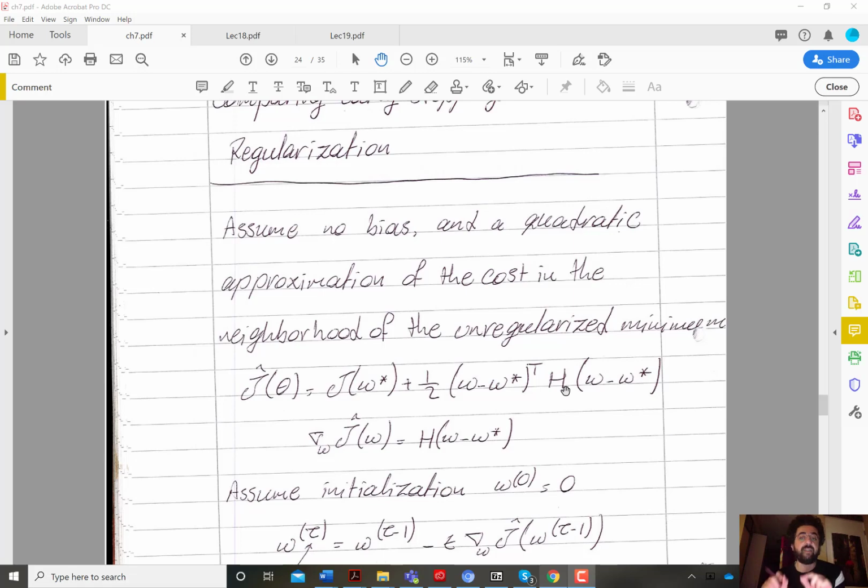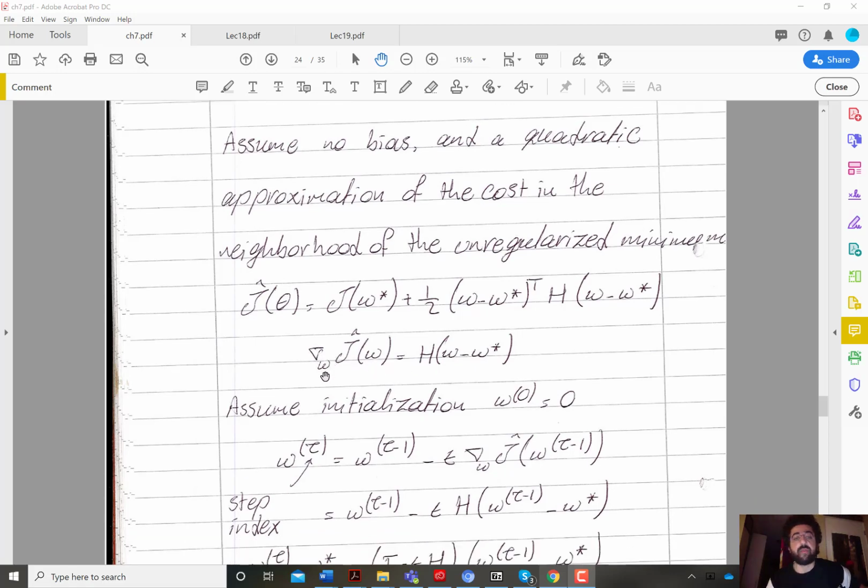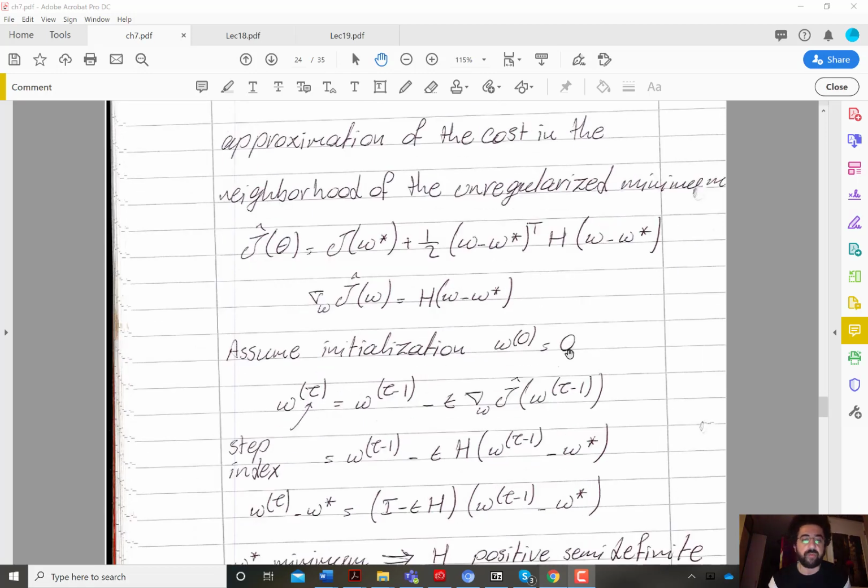So this is the Hessian of the cost with respect to omega evaluated at omega star, times omega minus omega star. Now when you take the gradient of this, the J of omega star is a constant, right? It doesn't depend on omega. So it just becomes H times omega minus omega star. And these steps are the same as what we have done with L2 regularization. So this is unregularized. This is just the impact of this quadratic approximation.